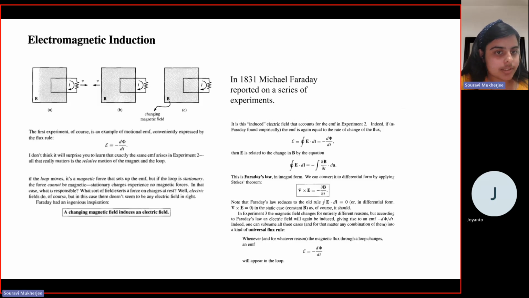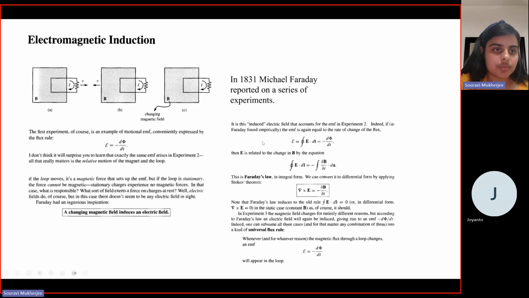Now this concept of EMF, or the motional EMF, led to an interesting series of experiments. In 1831, Faraday reported this series of experiments which tell us a very important point, and this lies at the start of how electric and magnetic fields got connected to each other.